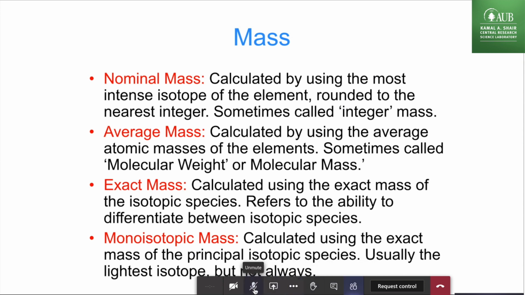Whereas when we come to the mass spectrometer, we separate out those isotopes and we see them individually. And so then we need to convert to the monoisotopic mass to look at the data from the instrument. So nobody answered my questions. Is this clear to everybody? This is the number one point of interpreting high resolution data.